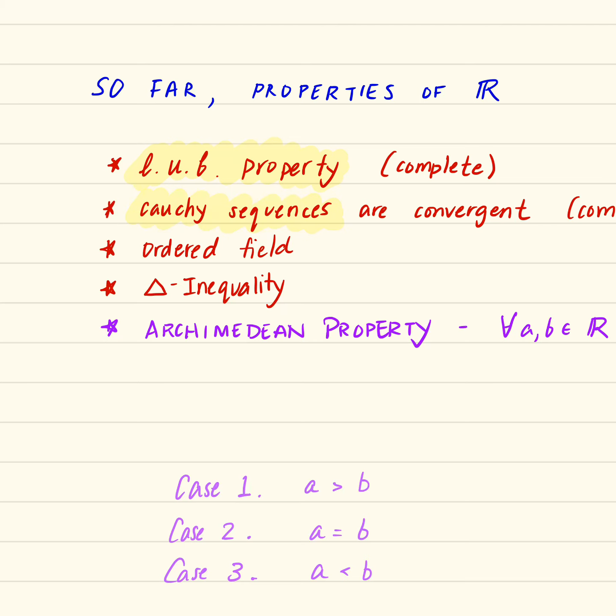So Cauchy sequences are convergent, and the least upper bound property states that if you have a non-empty subset of R, which is bounded above, then there exists a supremum of that set, which is a real number. I wanted to mention this.